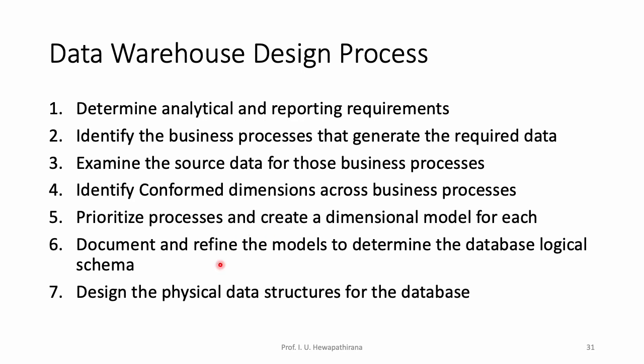We have to document and refine the models to decide the database logical schema, and then design the physical data structures for the database. In a practical situation, this might be an iterative process, but basically this is the data warehouse design process that is followed.